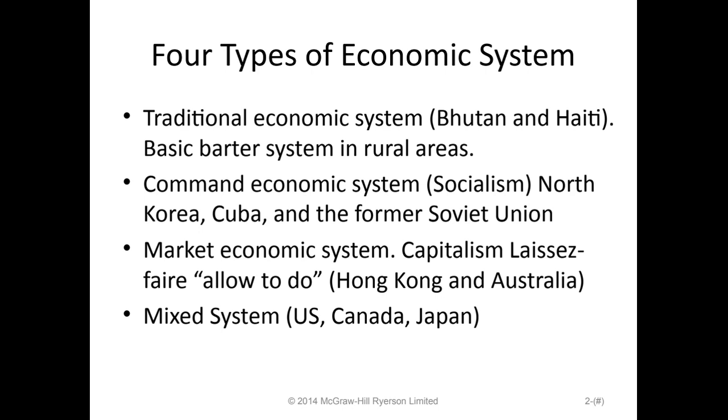K-12 education is also controlled by the government, not completely, but 95%. Unlike in the US, the health sector is not 100% controlled by the government. So again, these countries have a mixture of both command and market economic systems.